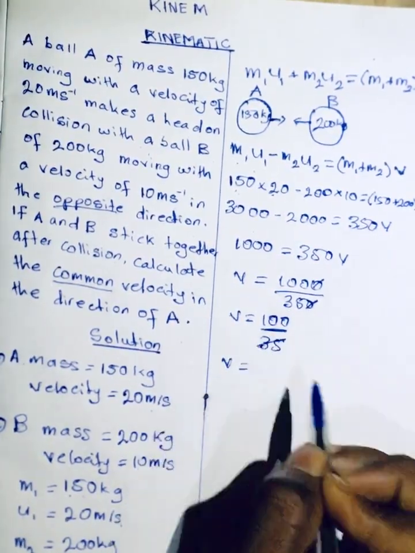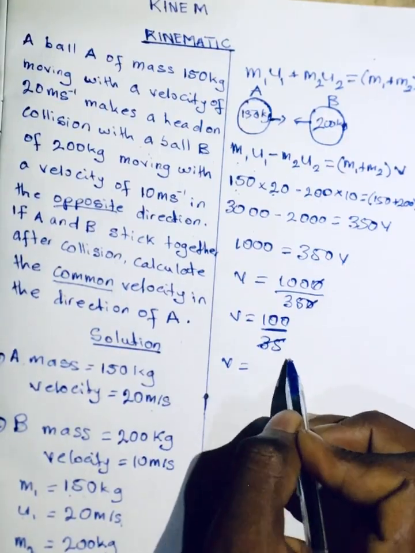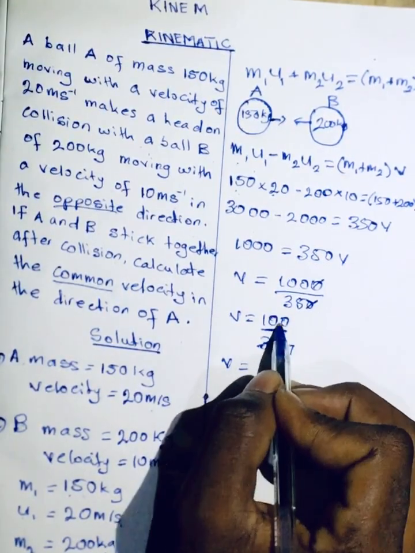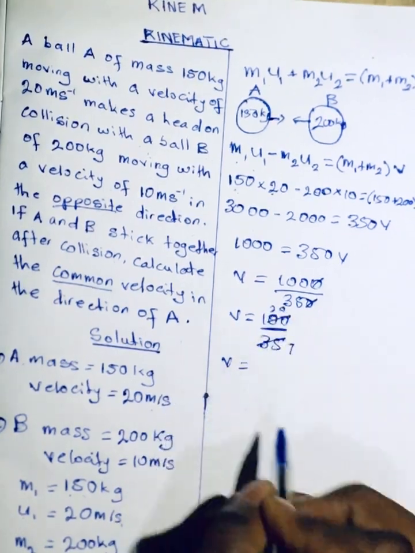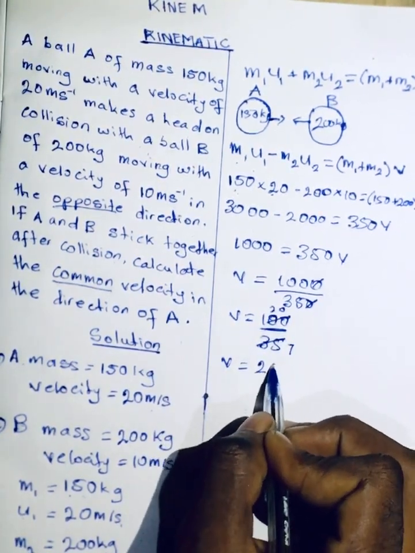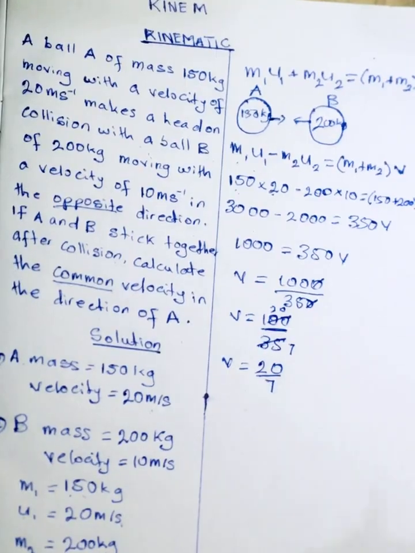5 goes into this, 5 goes into this, 7, 5 goes here, 20. So we have 20 over 7.